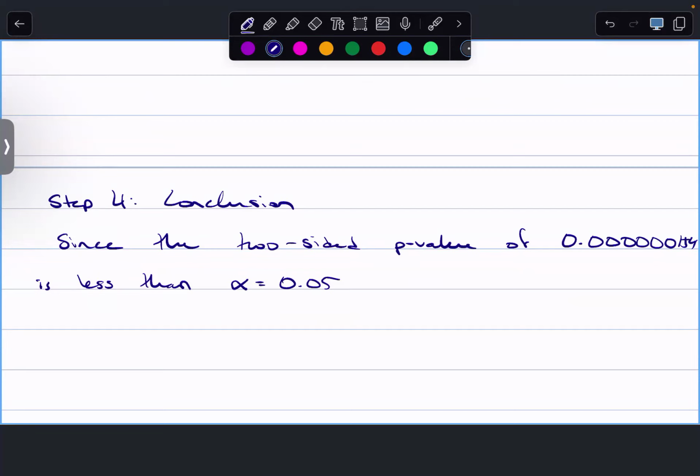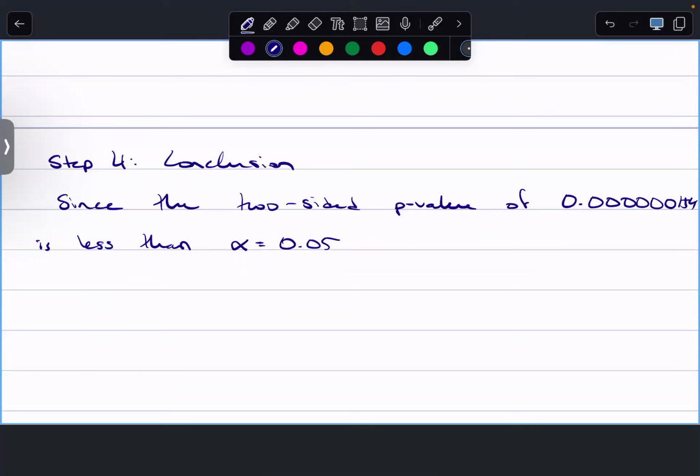If the p-value is small enough, then we can reject H naught.